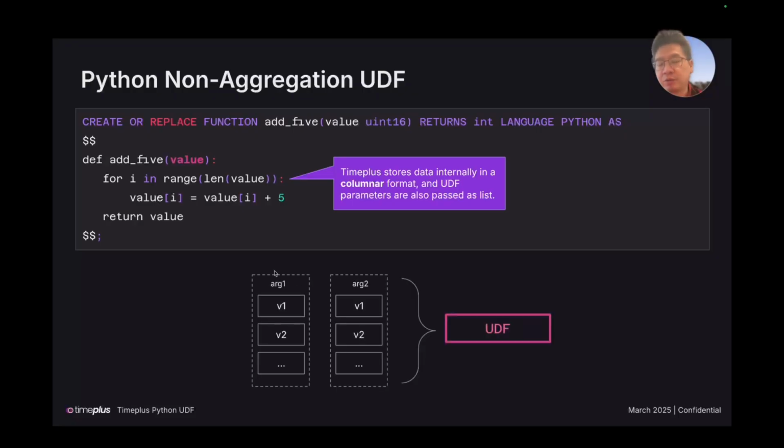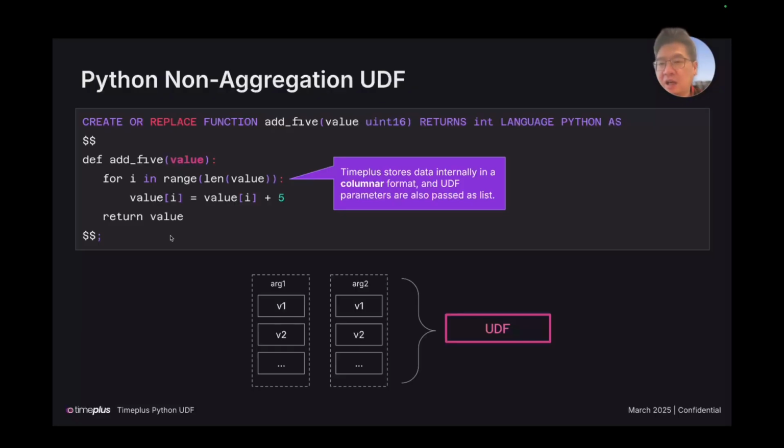If you have multiple input arguments, Timeplus processes this data batch by batch. It groups each input batch as columns and sends these columns, or lists, to the UDF. That's why the value here is actually a list of input values. So in the function body, we have to iterate over all the input values and add 5 to each value. That's how it works.